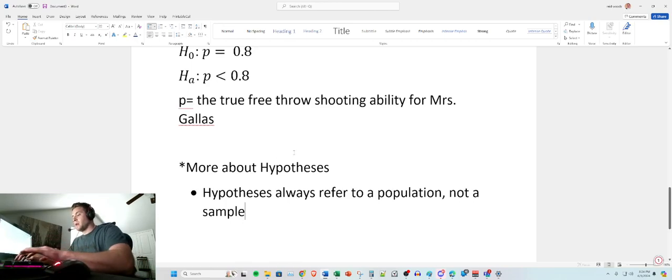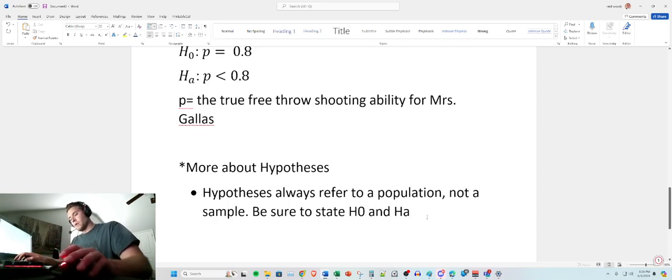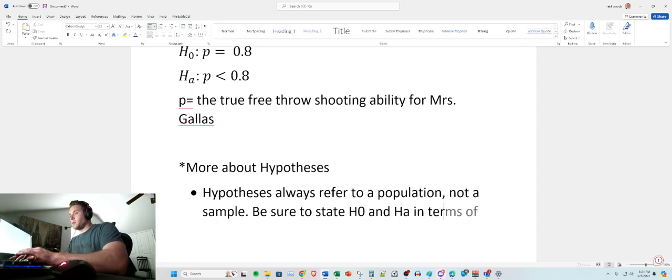Be sure to state H0 and HA in terms of the parameters.